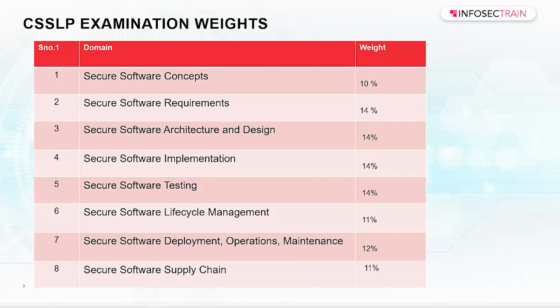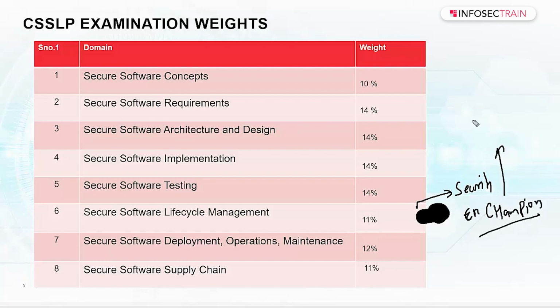Another important thing here, we have a champion. Please remember the security champion. The security champion's ultimate objective is to reduce the fear and promote independence and a calm environment.